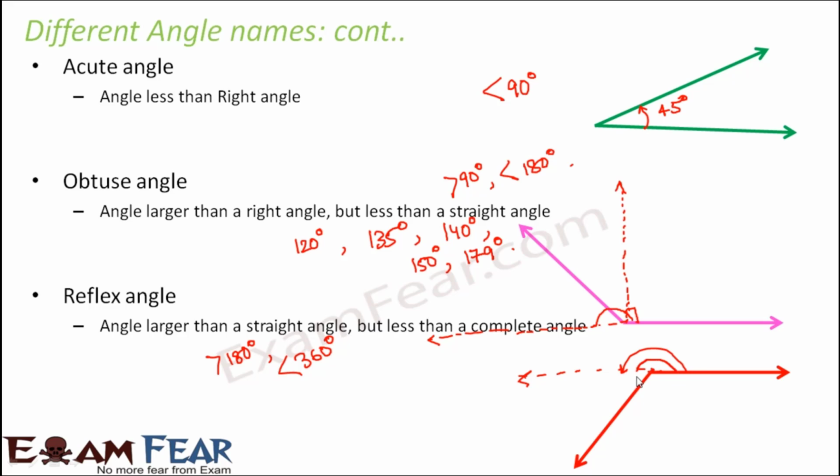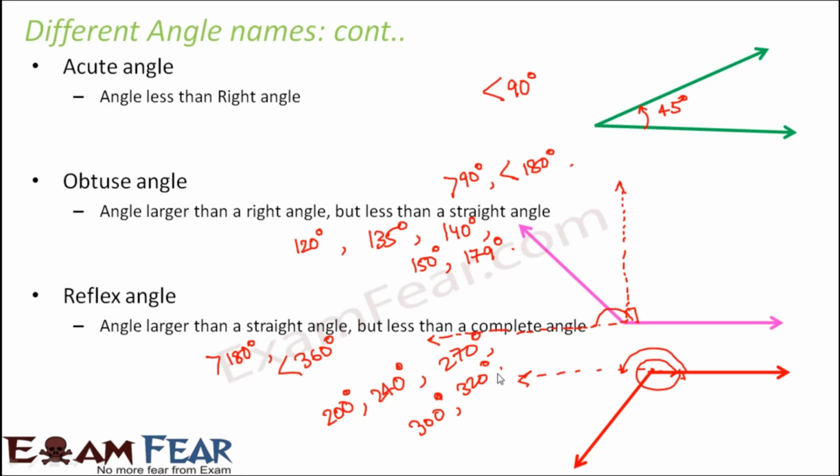And 360 degree would be this complete angle. Any angle that lies in this region would be a reflex angle. Examples could be 200 degree, 240 degree, 270 degree, 300 degree, 320 degree.